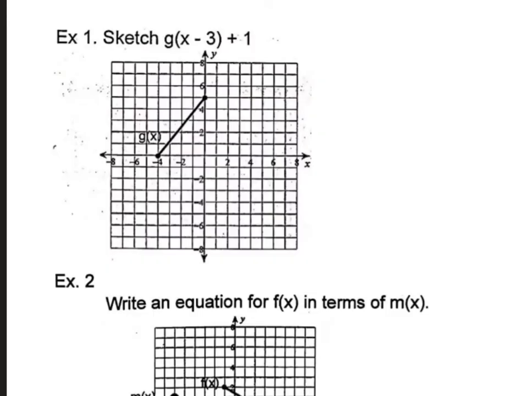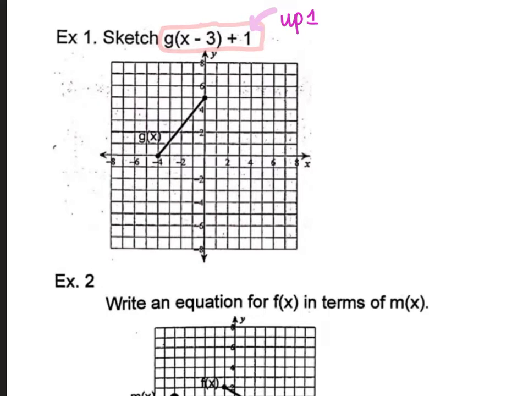Okay, so we're going to need to figure out what we just learned and break this equation down to see how it translated and how it moved. So we have plus 1 here. Plus 1 is outside the parentheses. If it's outside the parentheses and we're doing plus, that means we need to move up 1.